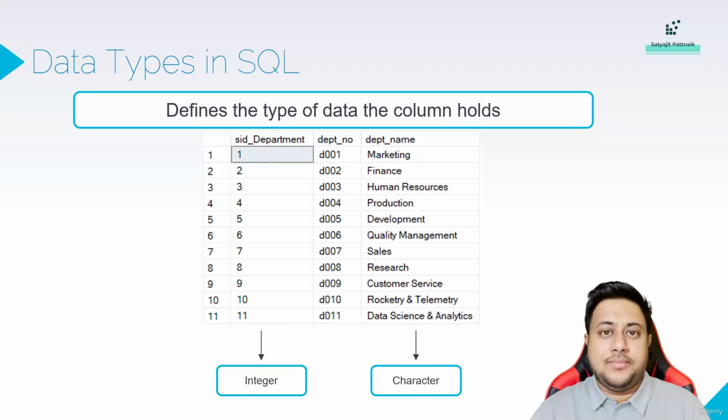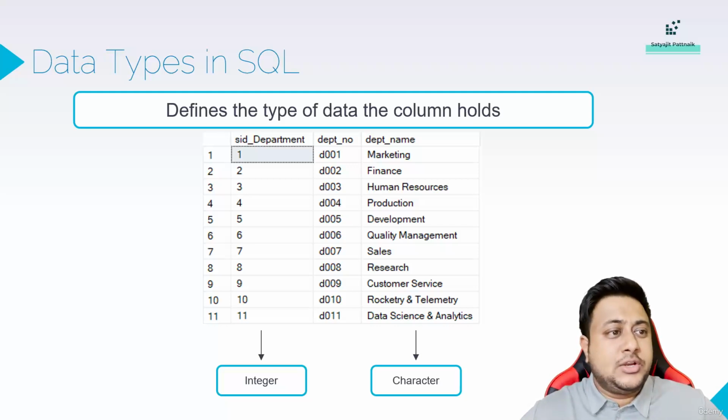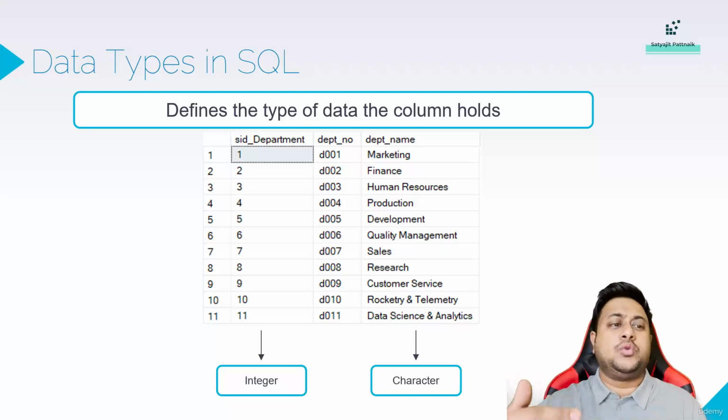In SQL, there are three major types of data types. We'll read about that. Data types define the type of data the column holds. You can see SID, department number, and department name. I'm just ignoring this part, which could be the index or the row number. So SID, as you can see, is a number: 1, 2, 3, 4, 5, 6 till 11.